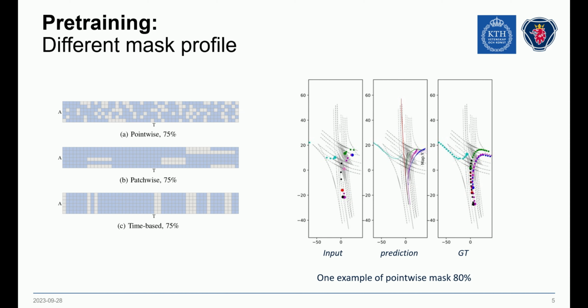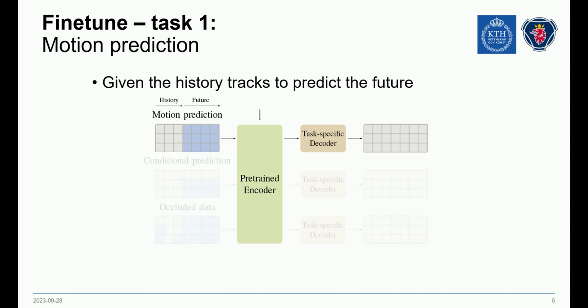The time-based strategy simulates scenarios where a sensor might fail suddenly, leading to missing all data at that random time step. Since the three tasks correspond to three special cases of masking, they can be carried out by adapting the same network architecture accordingly.